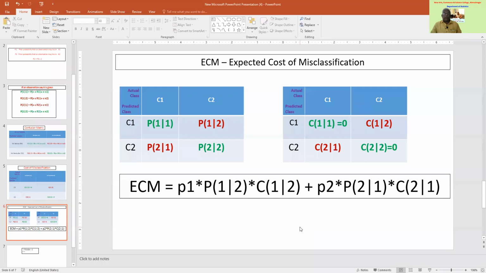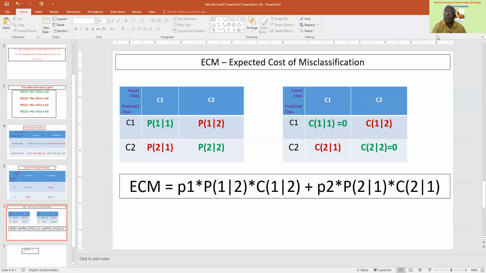P1 star P1 given 2: P1 given 2 is the probability of misclassification, and C1 given 2 is the cost of misclassification. Similarly, P2 given 1 and C2 given 1. So this is the expected cost of misclassification.